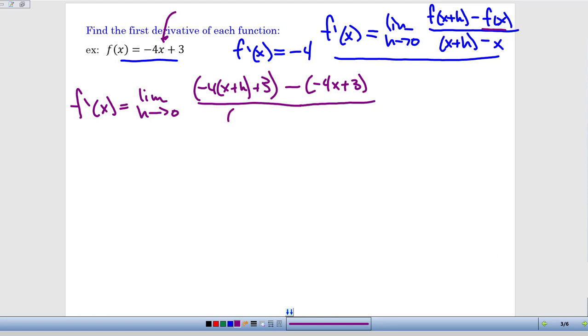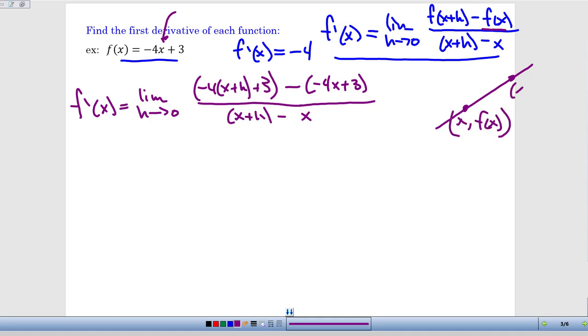Now for the denominator, it is always going to be the same, x plus h minus x. Because again, the idea is we've got these 2 points that could be located anywhere along our curve. One is at x, f of x. I know it should be going down instead of up, but you get the idea. One is at x, f of x.